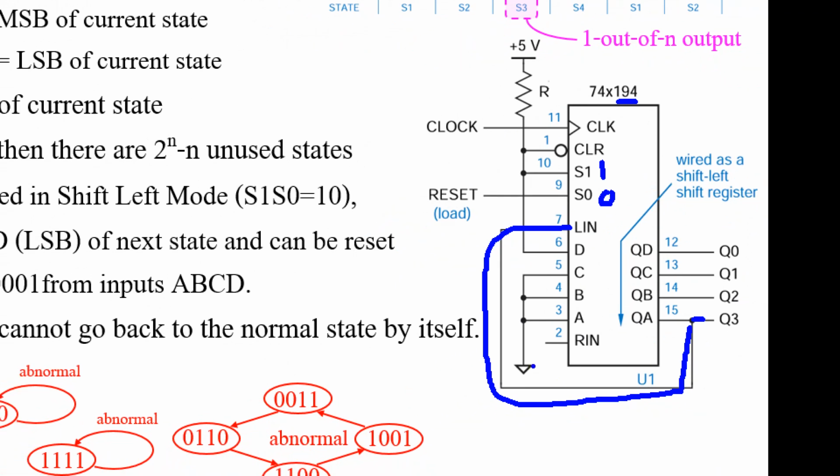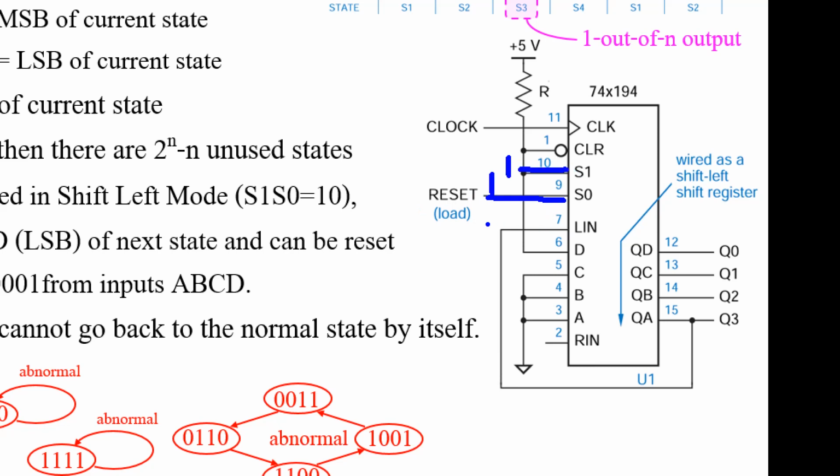To set the initial state value, I connect reset here, namely when reset is 1. Now S1 is 1, so it's load. That means we write data from A, B, C, D. We write the initial state 0, 0, 0, 1, connecting 0, 0, 0 to ground and 1 to 5 volts.